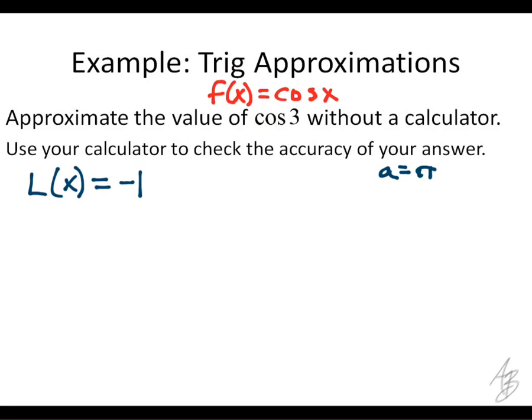How do we know what a is? We just picked an a value that we know the cosine of, as close to 3 as we could. So the only value close to 3 that I know the value of cosine at is pi. We could maybe try 3 pi over 4, and we'd have to do a little bit of math here, but it would be close to it also.